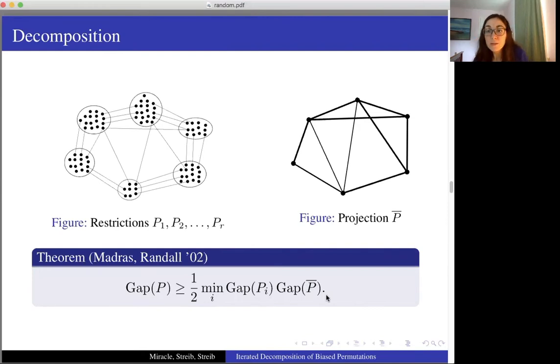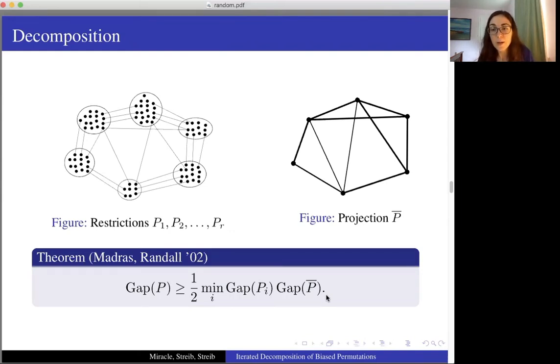Okay, so this result is great, and it's been widely used to provide the first inverse polynomial bounds on the spectral gaps of a variety of Markov chains. And in fact, it is tight for some chains, but unfortunately, sometimes it is quite loose, such as in the case we're looking at.